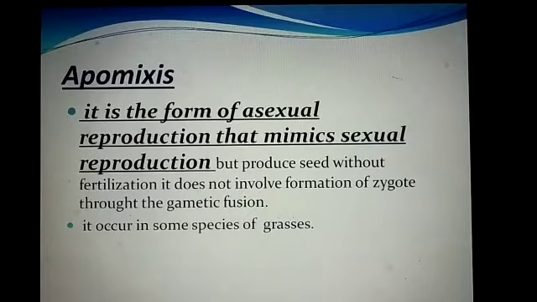Students, please understand what apomixis is. It is a form of asexual reproduction that mimics sexual reproduction. That means it is a type of asexual reproduction, and it pretends to be sexual reproduction.